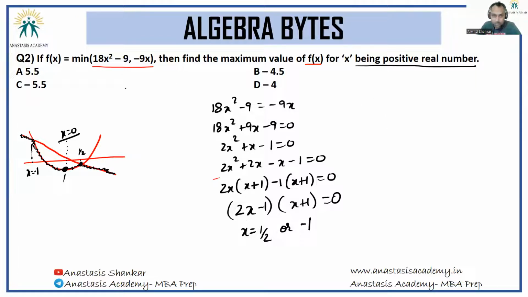If x was equal to 0, f(x) would turn out to be min of minus 9 comma 0, or it would be equal to minus 9.